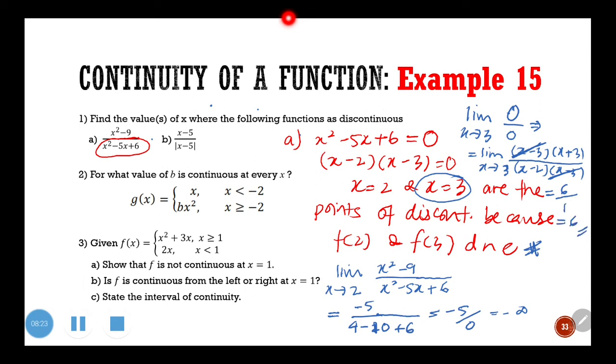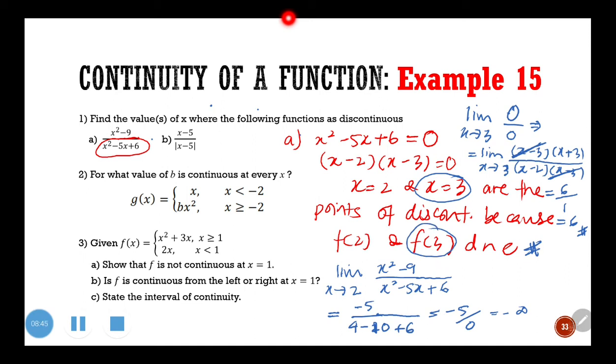Okay, so to say, for the function at x equals 3, the limit does exist, which is equal to 6, but the function is still discontinuous at x equals 3, because why? f(3) does not exist.